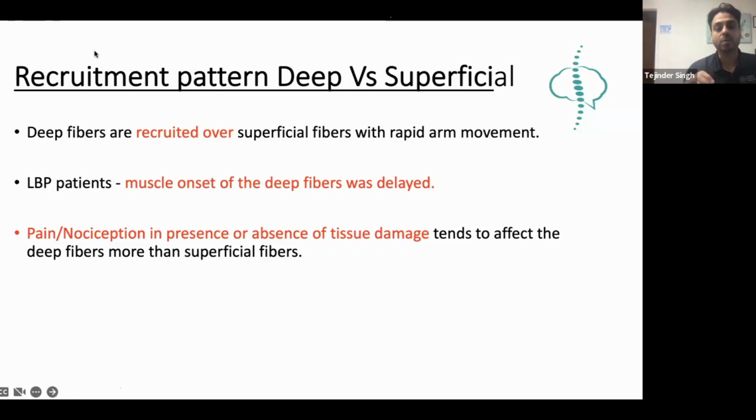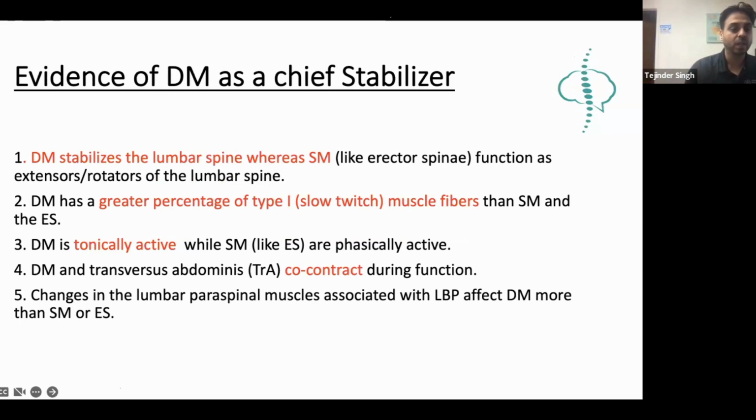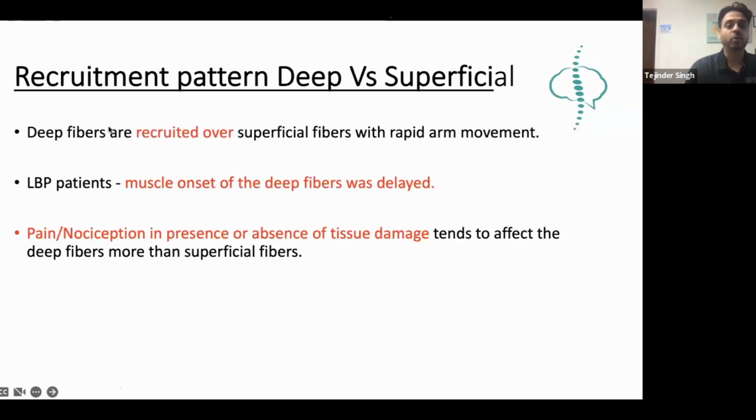And we'll talk about the lift test, and how this is clinically relevant to us. So the point is that deep fibers are recruited first. For example, if I'm just lifting my arm and I'm feeling for my multifidus, the deep fibers will kick on first over superficial fibers.